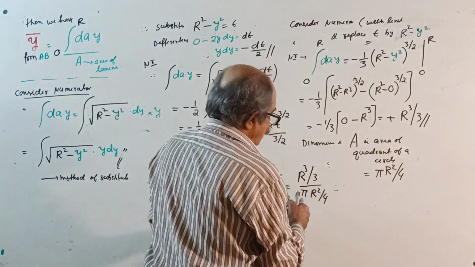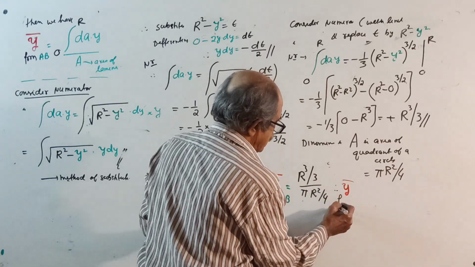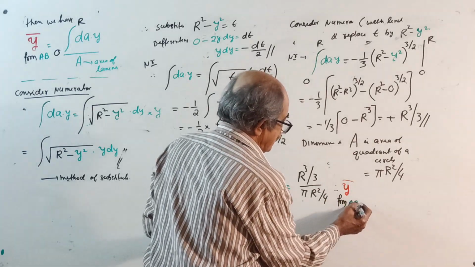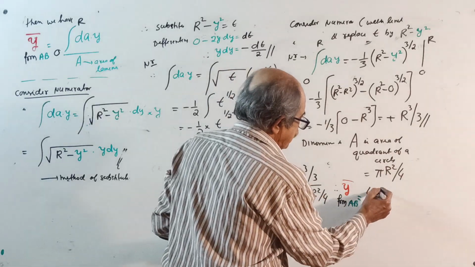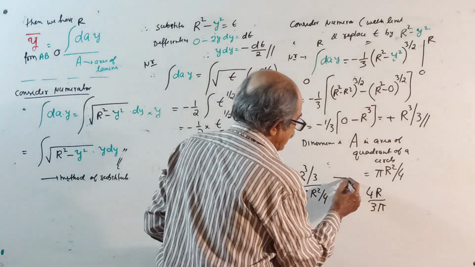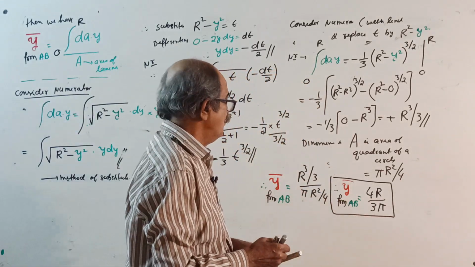Therefore, your y bar from AB equals 4r by 3 pi. The answer is the same as the semicircle. Area is different, later moment of inertia is different, but the centroid distance is the same, 4r by 3 pi.